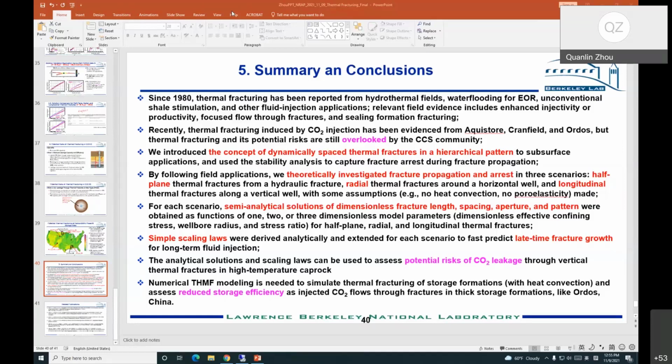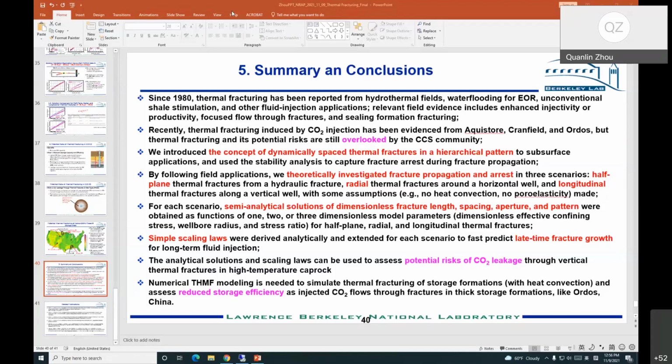For CO2 permitting, we have to control the injection pressure to be smaller than the fracturing pressure. But for EOR, like water flooding, sometimes they keep injection pressure higher than fracturing pressure.